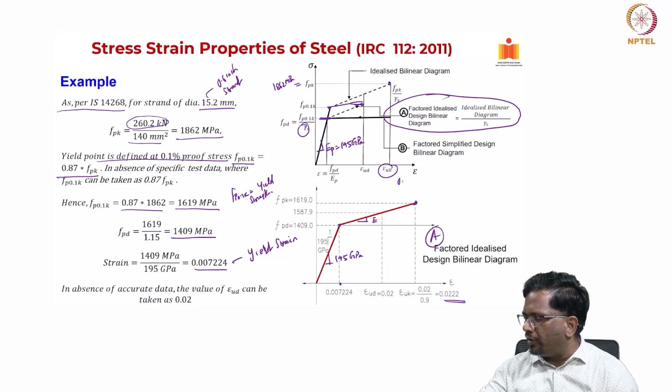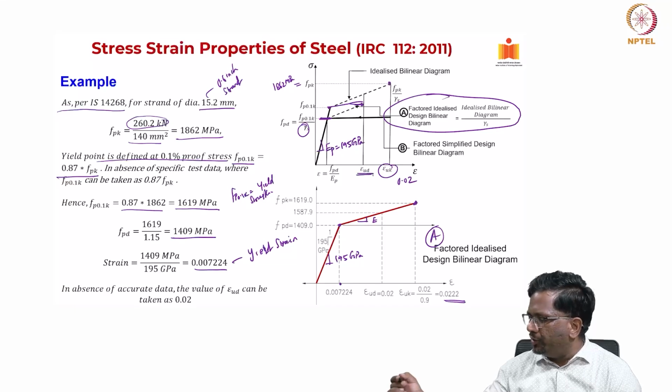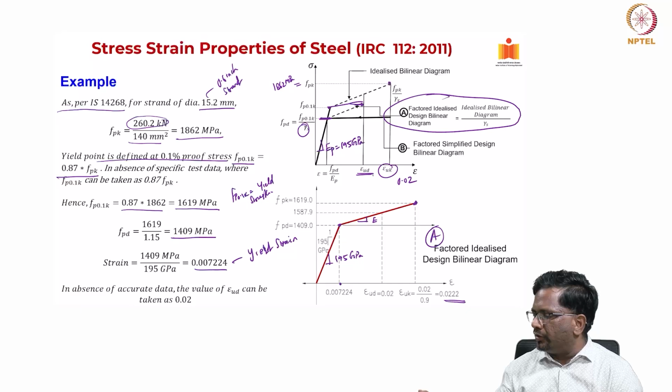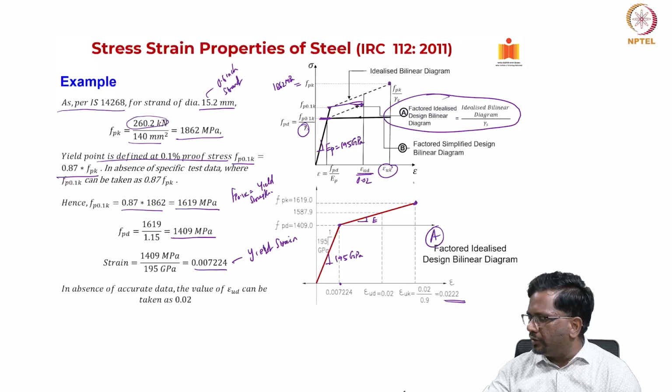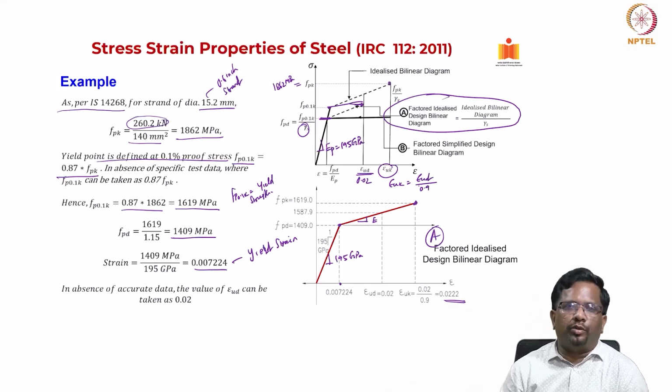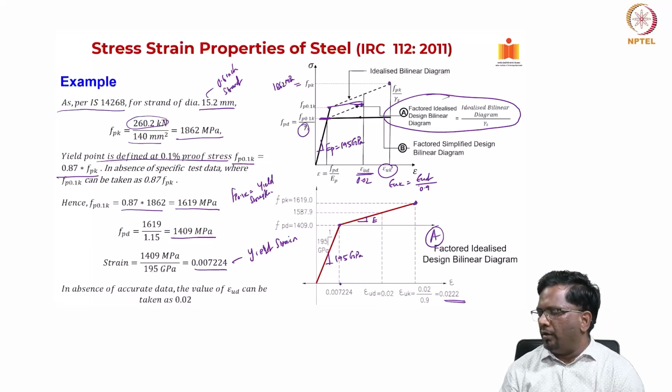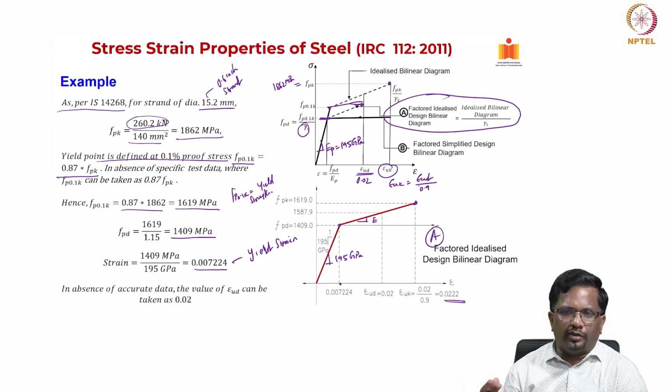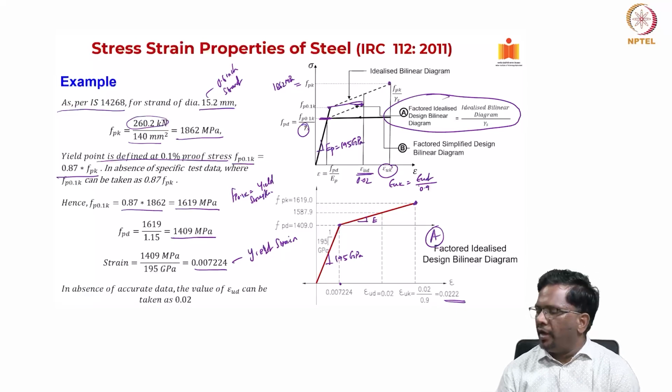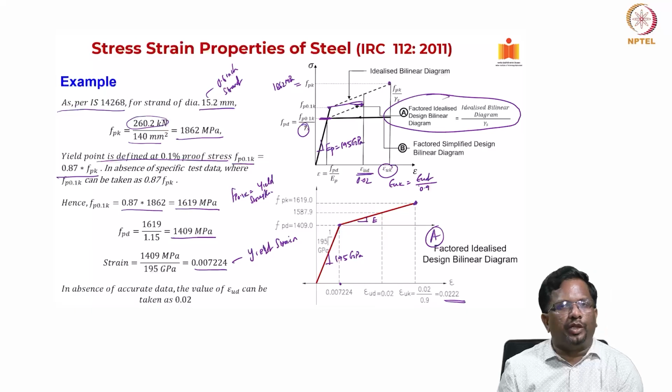Epsilon EUD is taken as 0.02, the final maximum value. Epsilon EUK is typically taken as epsilon EUD divided by 0.9, so it becomes slightly higher: 0.02 divided by 0.9 gives 0.0222. This way you can get your design curves that can be used in your calculations.